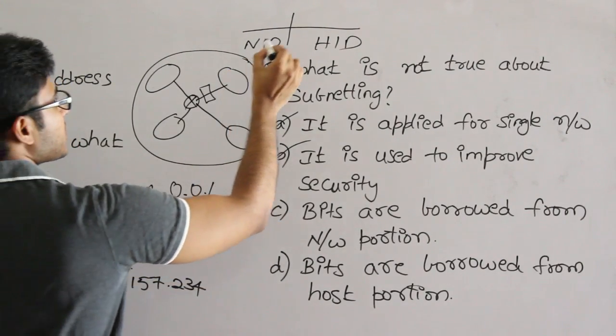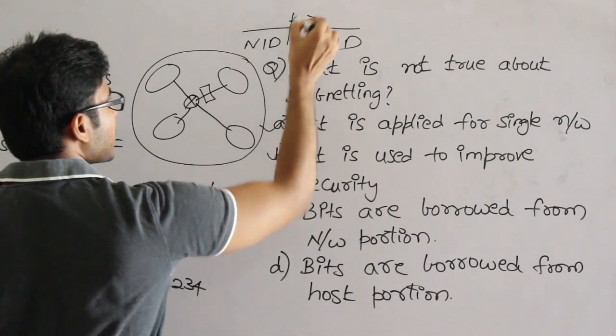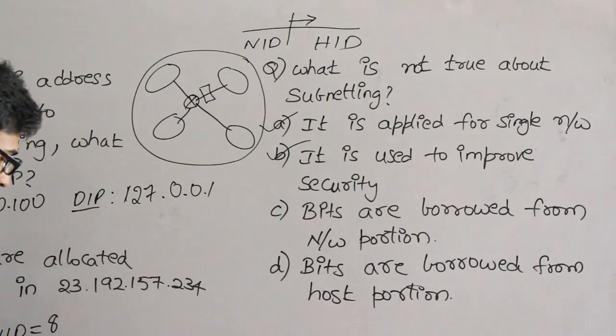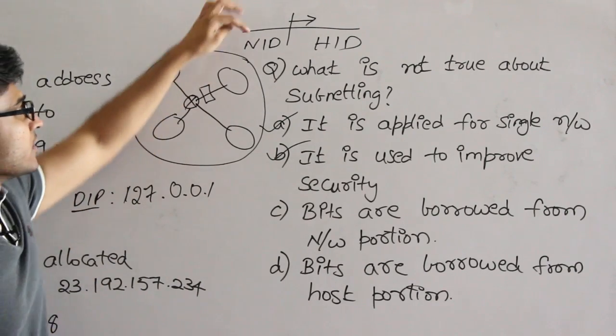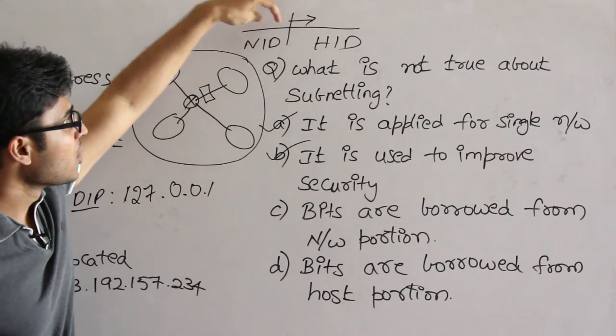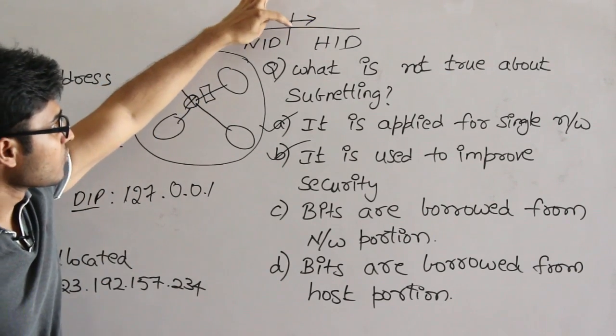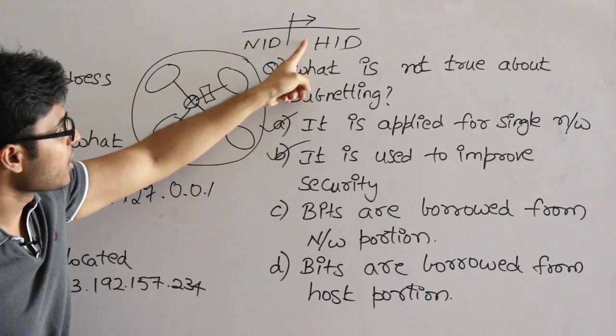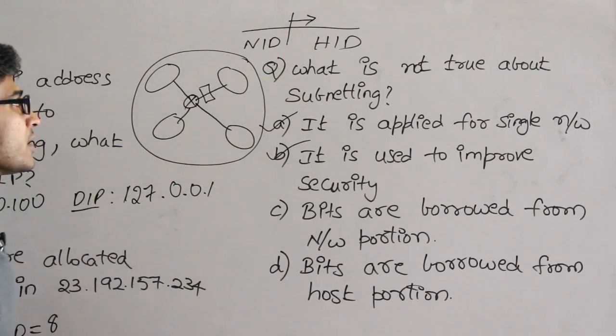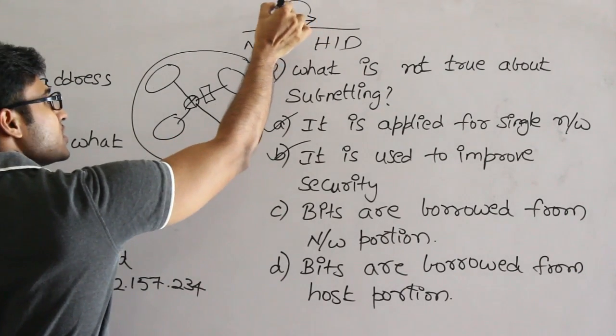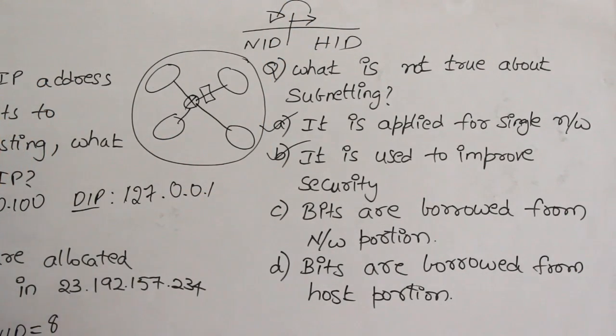So the boundary moves this way, the overall network ID increases and the host ID part decreases. Therefore we are borrowing bits from the host ID part and giving them to the network ID part. From the host ID part, some of the bits will be added to the network ID as a result of subnetting.